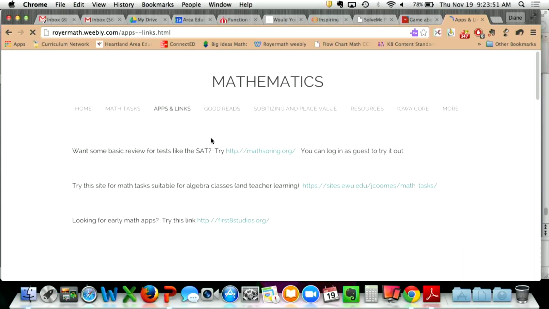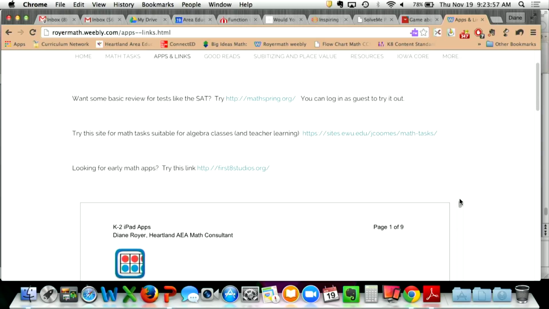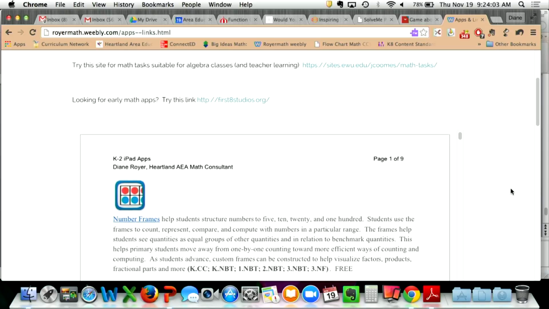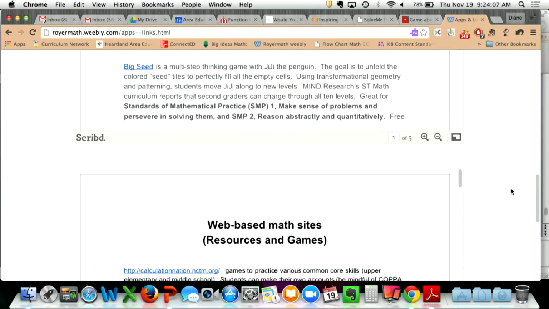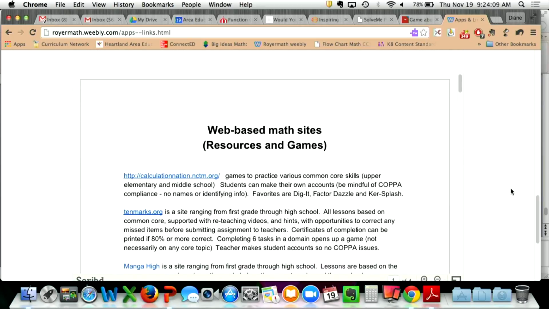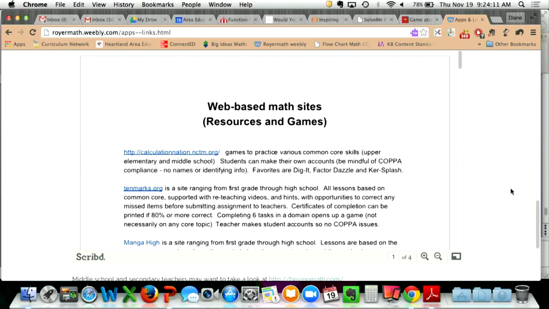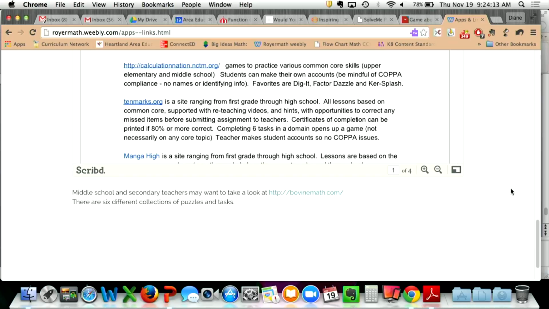So if you've got students preparing for the SAT, here is a wonderful resource. If you want to look for particular math sites for algebra, what if your colleagues are down in the early elementary? I've got lists for K-2 iPads. I have 3-6 iPads. What if you don't have iPads and you're all web-based? I've got you covered. I've got things there as well.